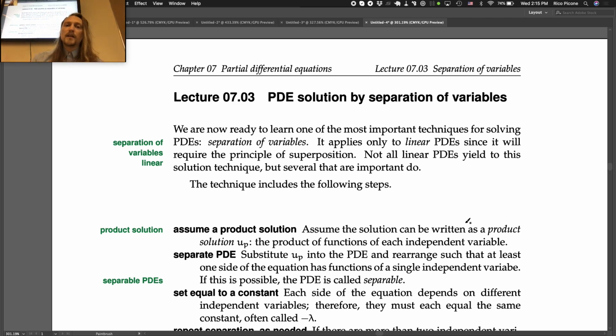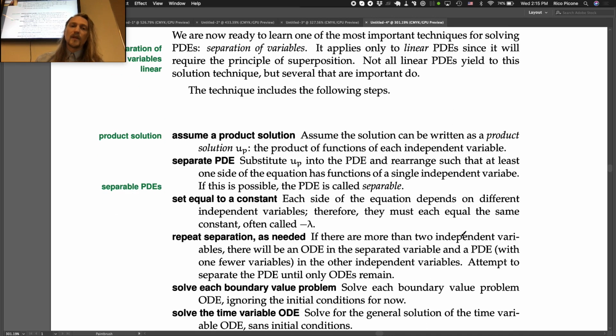The technique includes the following steps. First, we assume a product solution. So we assume the solution can be written as a product of functions of each independent variable. Say we have time and one spatial variable.